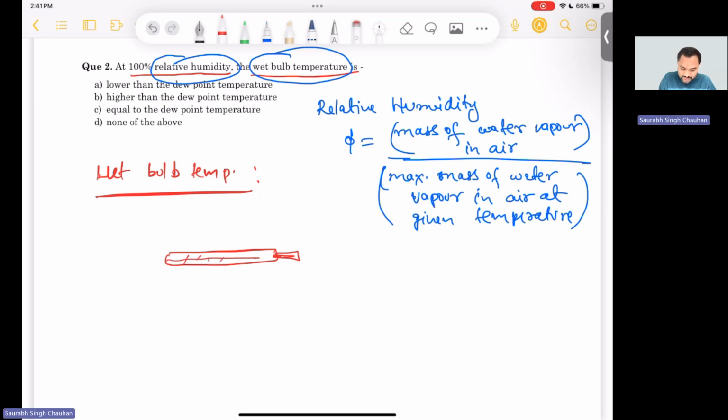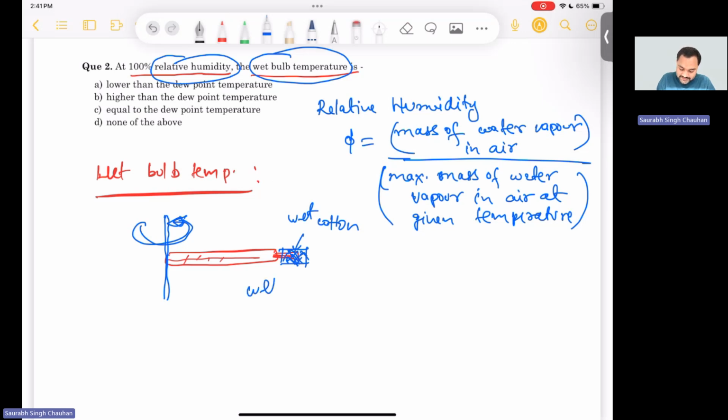You put some wet cotton on this bulb, and you just swing this thermometer. What will happen? Water at the wet end will evaporate, and because of evaporation, this will get cooled. So the temperature measured by this thermometer is called wet bulb temperature.